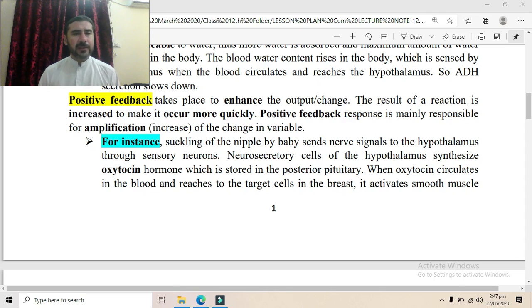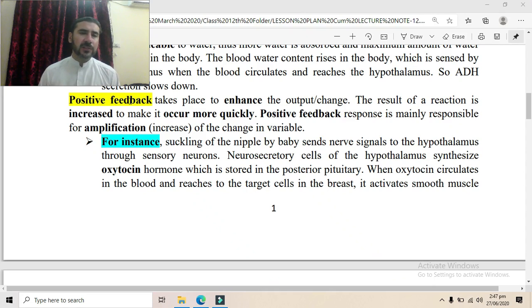Now we will explain this positive feedback with an example. For instance, whenever the baby suckles the nipples of the mother, that suckling is basically a stimulus. That information is transmitted by nerves to the hypothalamus part of the brain.